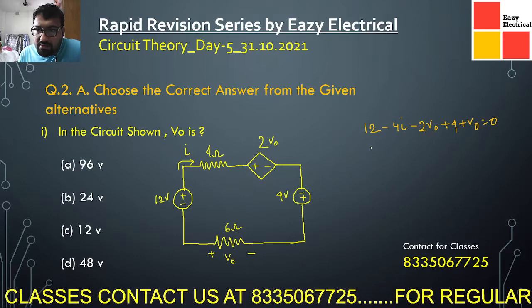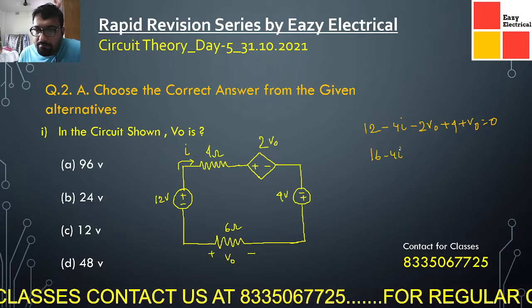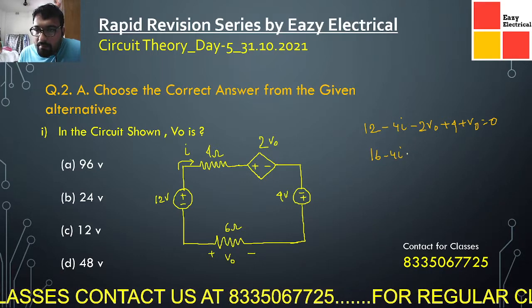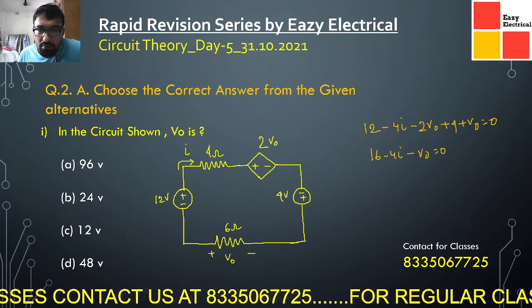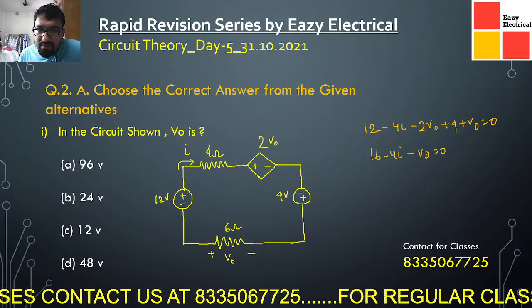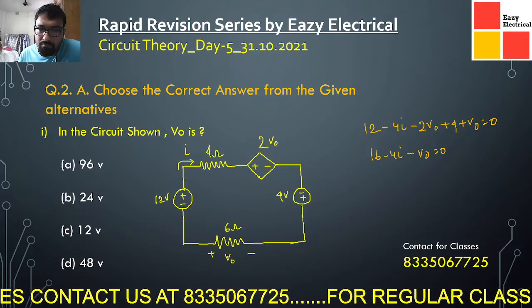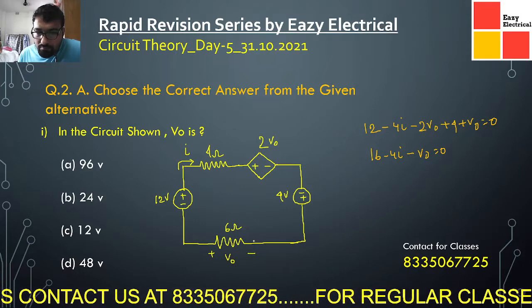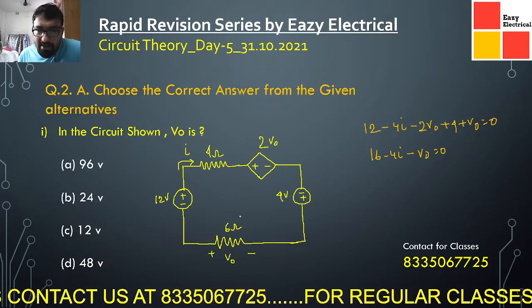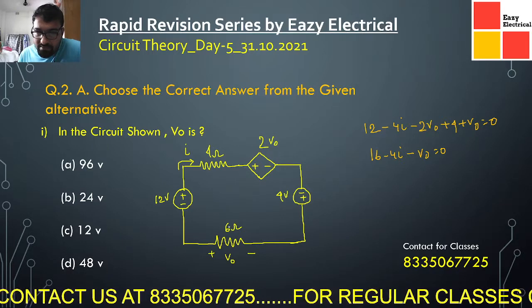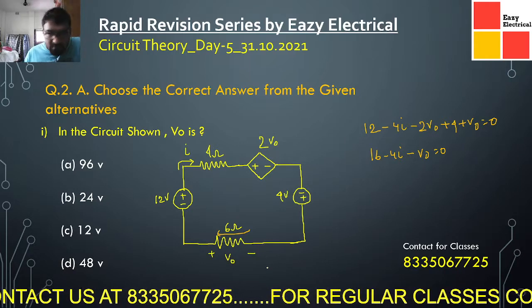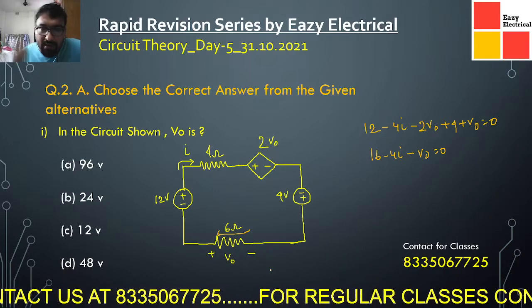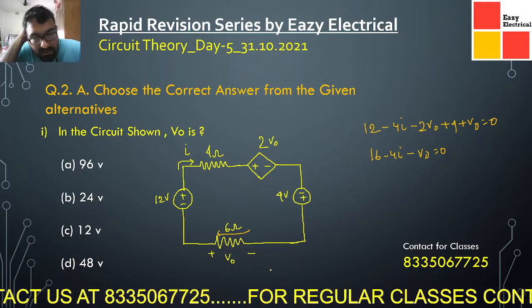So here we can see 16 minus 4i minus v naught equals 0. Now we need to calculate the value of v naught. So just replace this I by v naught. See here, I is in this direction from minus to plus, right?